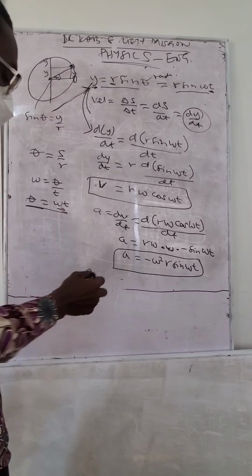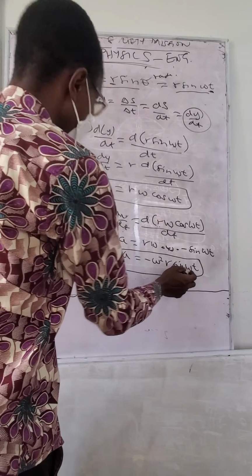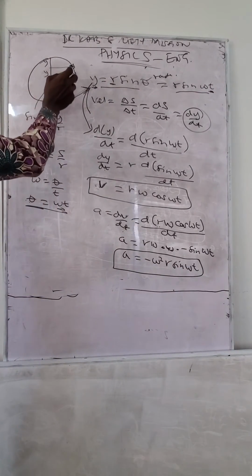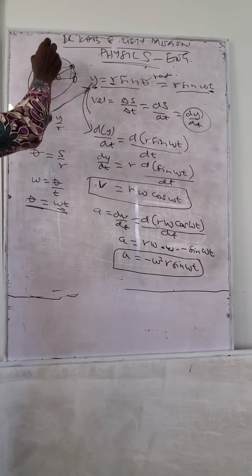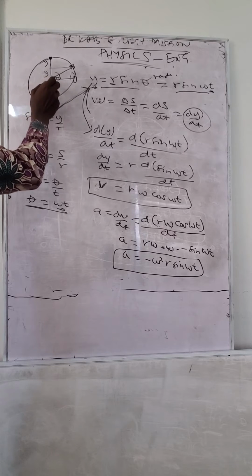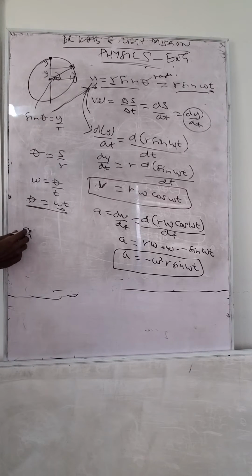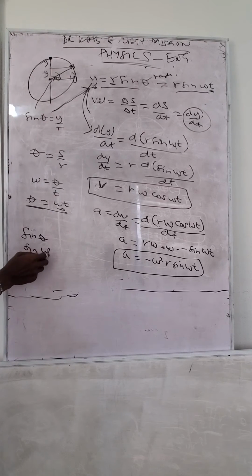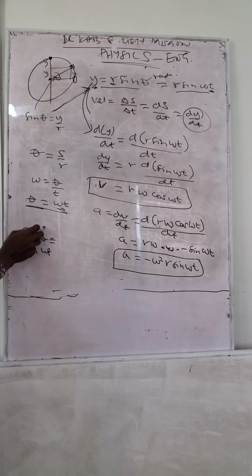So there it is. Now let's see. If this is going round and at the point where it is maximum here, at that point the angle is what? What angle will it be? It will be 90 degrees, of course, with the equivalent in radians.